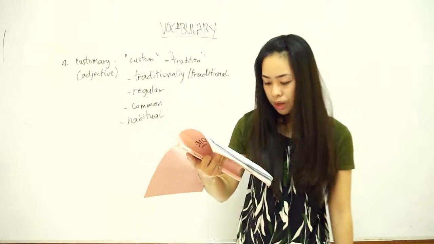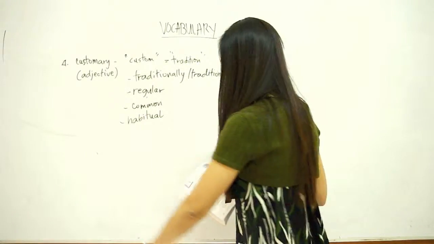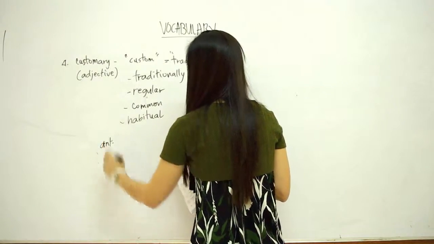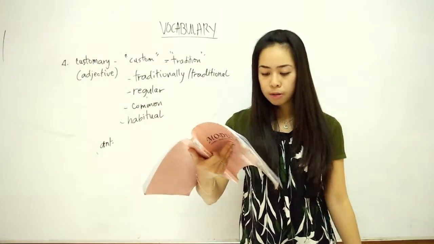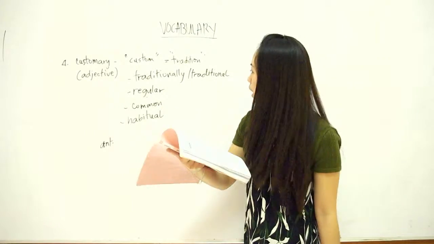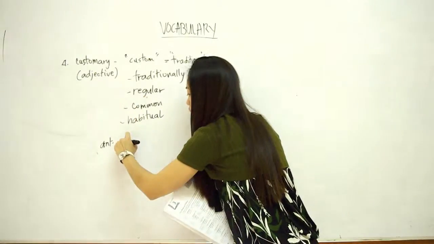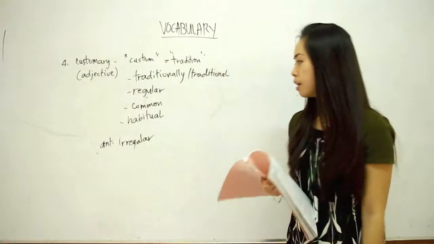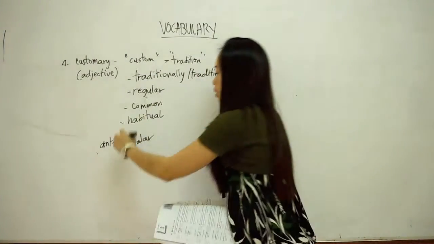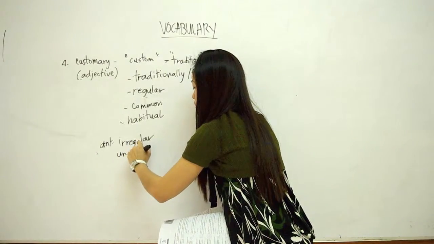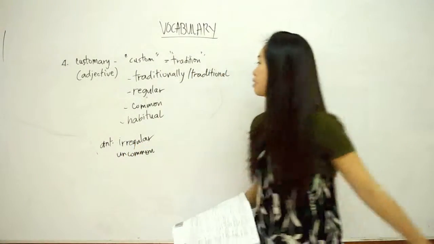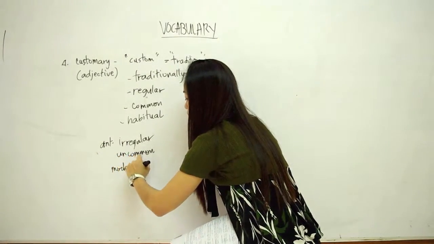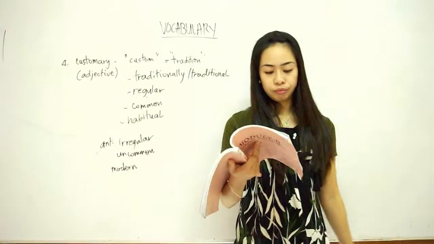Okay? So let's focus on the antonym. When we say customary, we can make an antonym from the word regular. Simply put, irregular. What else? Uncommon. From the word traditional, you can also use the word modern. What else?